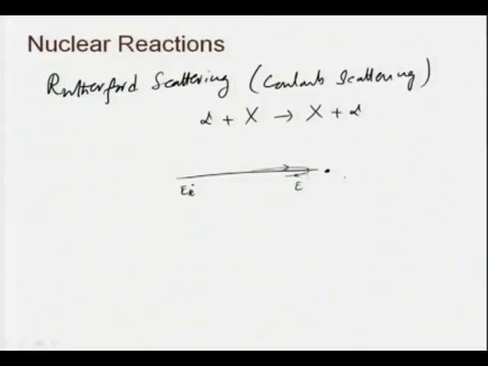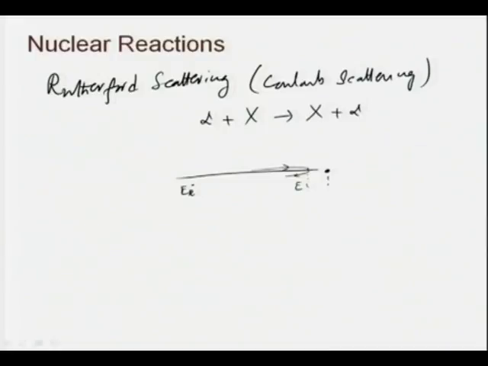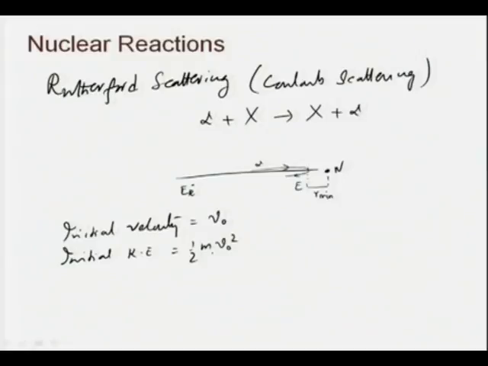In the case of head on collisions, there is a point at which the velocity is 0, the point of return or point of closest approach, R minimum. So, this is your nucleus and this is your alpha particle. Let us say the initial velocity is V_0, and the initial kinetic energy is half m V_0 square, where m is the mass of the projectile.